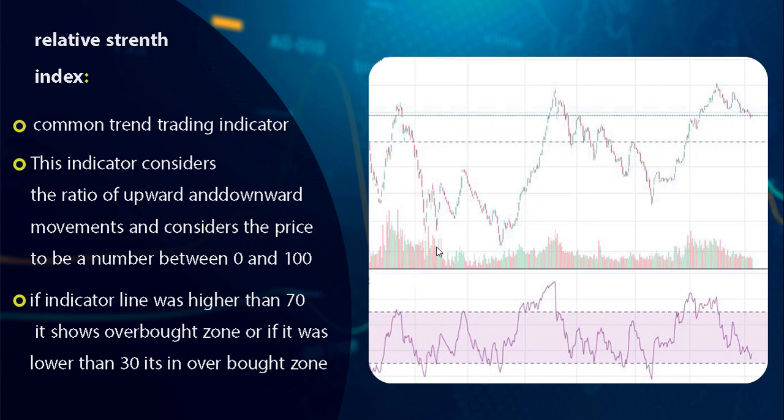This indicator also helps us to predict price movement in the future. We can use this indicator in the stock market, in commodity markets, and also in the cryptocurrency market, and it's a common indicator in most markets.